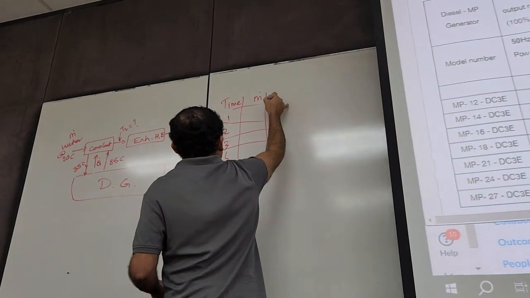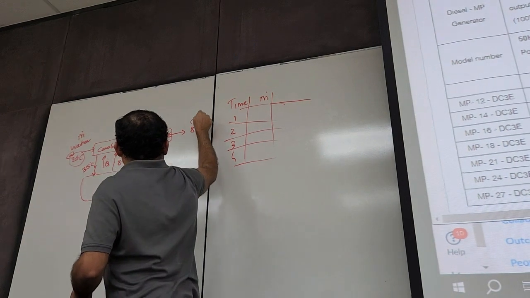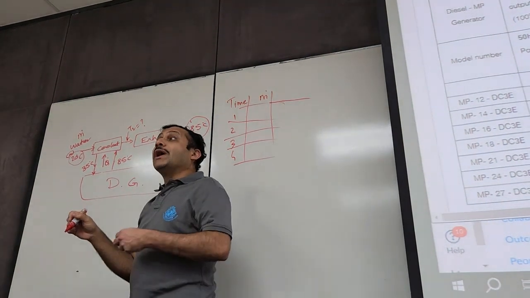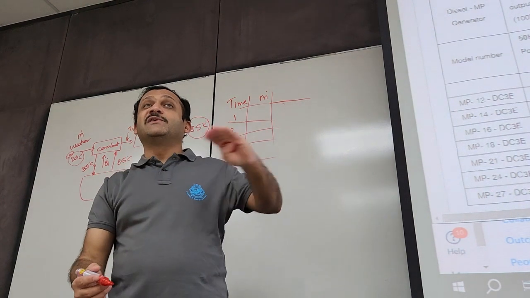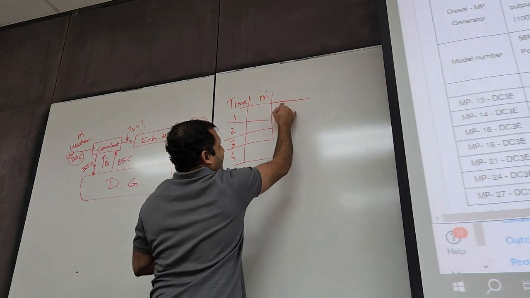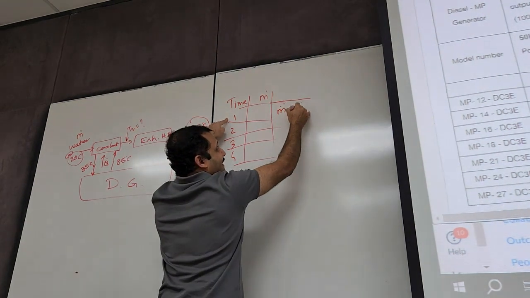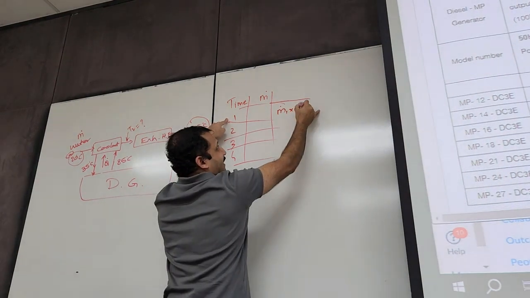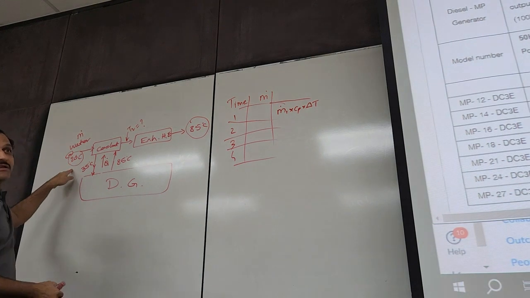And what we want to do is heat up water from 20 degrees to 85 degrees. So for every hour, how much thermal energy do we need? What's the rate of thermal energy supply for every hour? That's m dot for hour 1 times Cp of water times delta T. And what's that delta T? 85 minus 20.